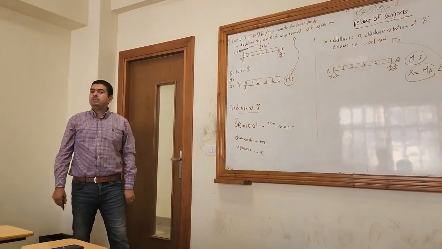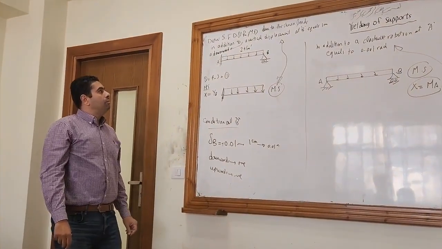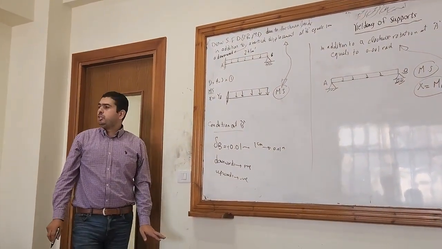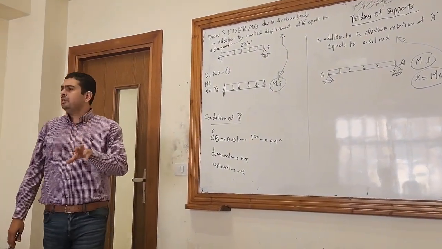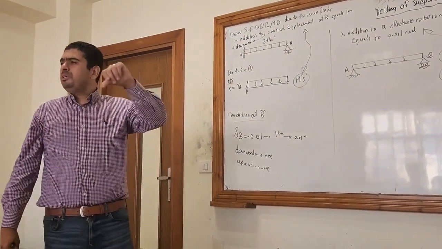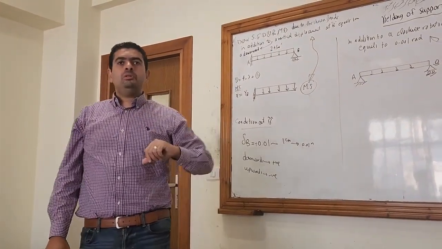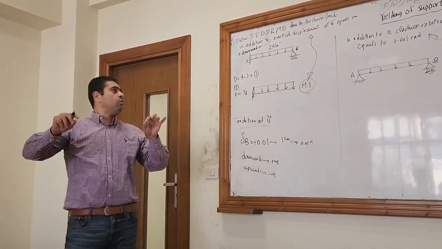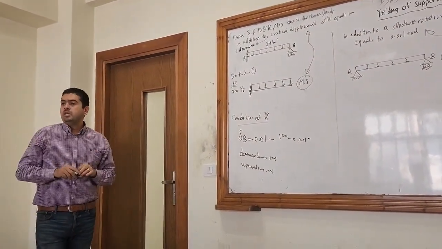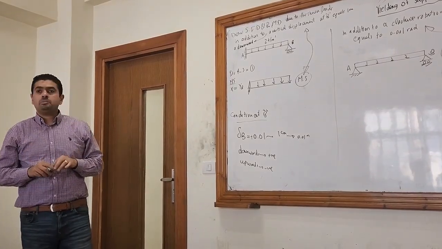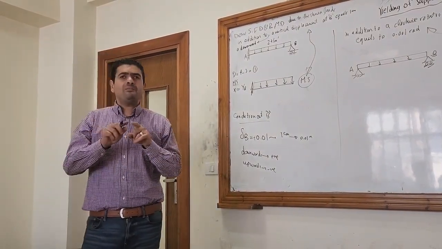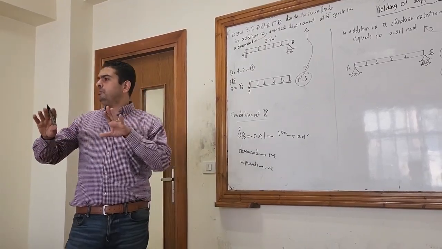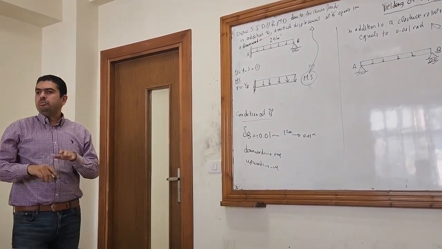Or he will tell me there is a deflection at B equals 1. The deflection means it will be downwards, without telling you a vertical or downward vertical displacement. So either he tells me a downward or an upward vertical displacement, or if it's only a deflection, it will automatically be downwards, positive.